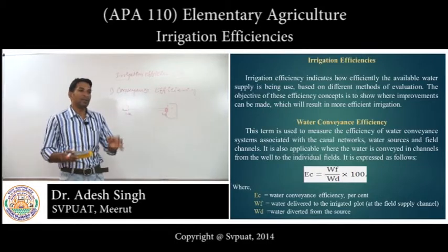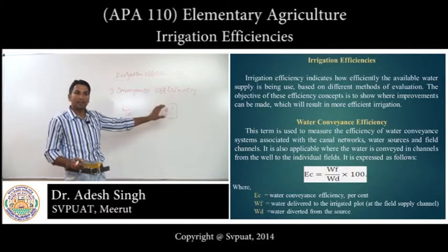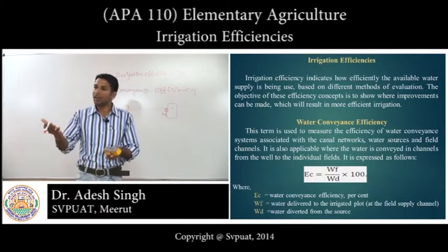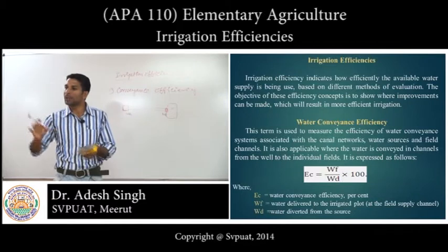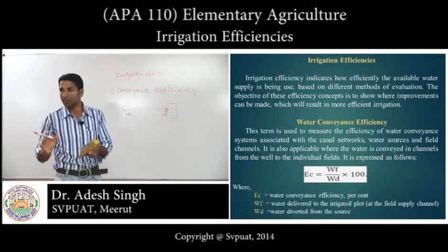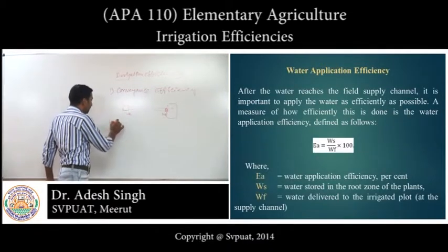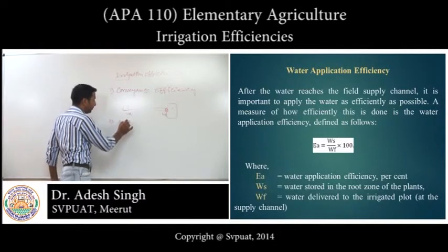Clear? So, whatever water is available, this is not all utilized by the crop plants. The water utilized is that which is received in the pore spaces, either in the macro, meaning larger pores, or in the micro pores. So, the second efficiency is the application efficiency.